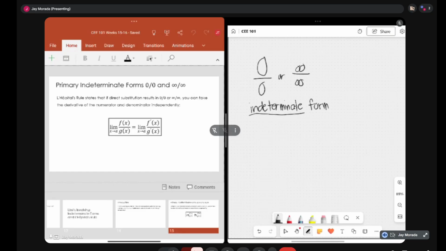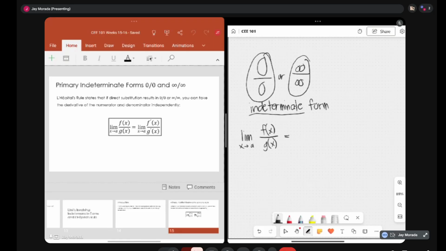So what is L'Hopital's rule? Let's say we have to find a limit, approaching some value a, of a rational function: a function in the numerator and a function in the denominator. If you directly substitute a into the function and it yields 0 over 0 or infinity over infinity, you can invoke L'Hopital's rule.